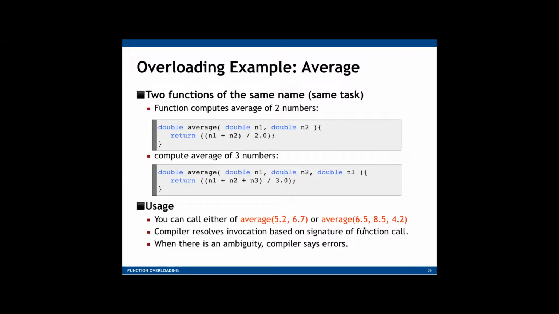So this is much more convenient. The compiler will automatically resolve these function invocations based on the signatures of the function call and select the appropriate function to execute. If the compiler cannot resolve the function invocation due to some ambiguity, the compiler will throw an error message.